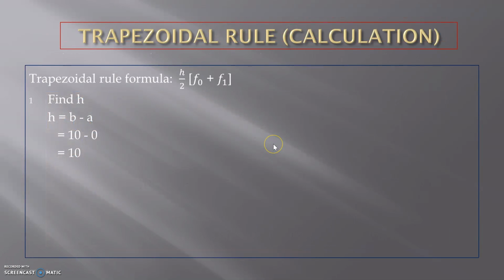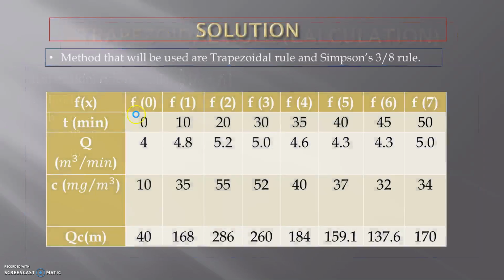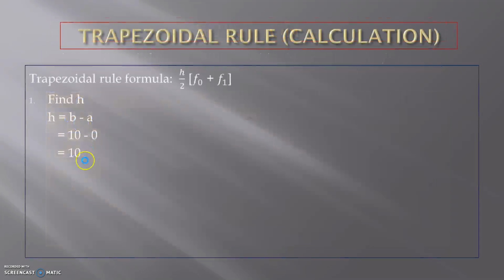So for the first step, we must find h. For trapezoidal, h is equal to b minus a, where the second data is minus the first data. The second data, 10 minus 0, is equal to 10.